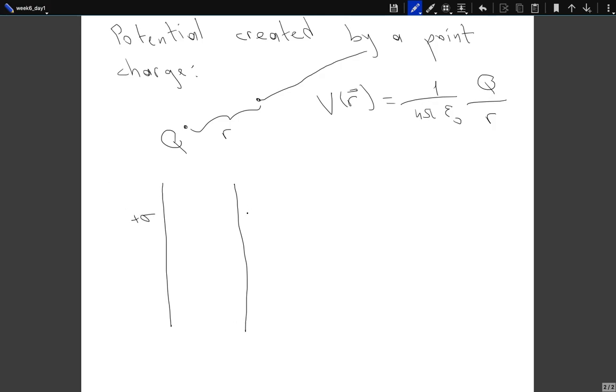One had a positive sigma charge, the other one has a negative sigma charge. Do you remember the electric field outside? The electric field here? The electric field here? The electric field here? Yes. This is 0, this is 0, and inside we said that the electric field has a magnitude sigma over epsilon 0. And it is pointing in this direction. These are my electric field lines.